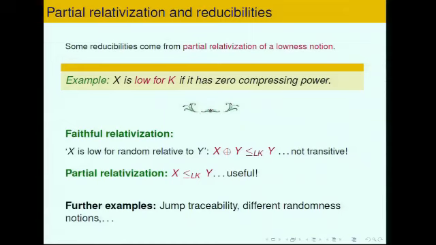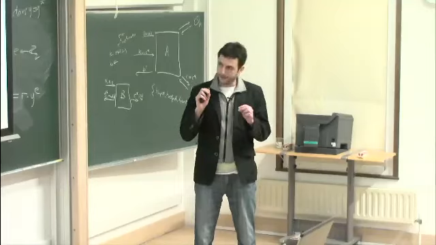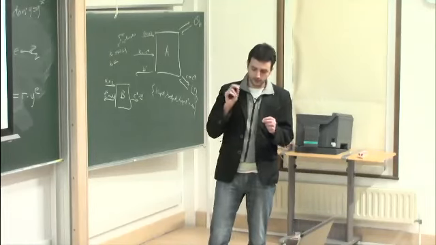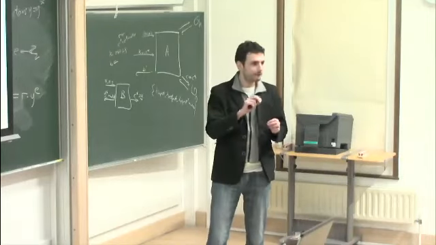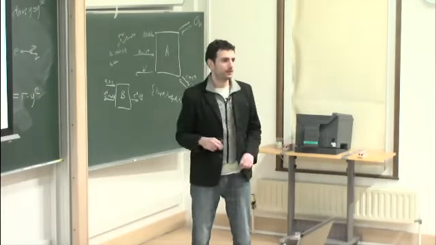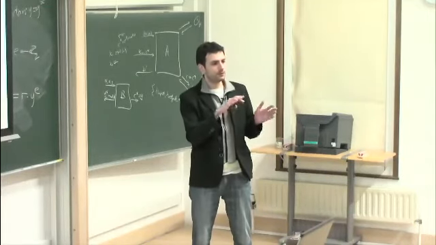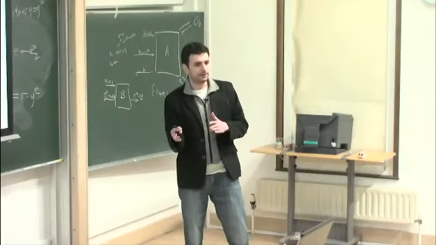In this case, X is low for K if it has zero compressing power. We've seen this notion before. And you relativize it. A faithful relativization is when you introduce a parameter in every place of the definition. And this means that the theorems carry through, they relativize.